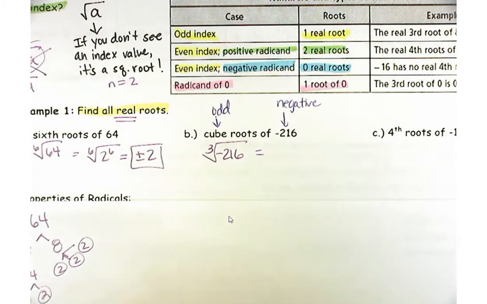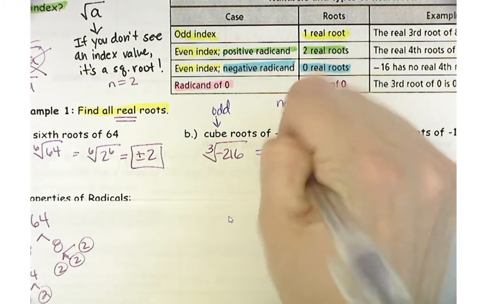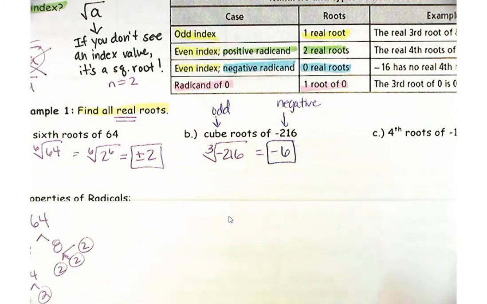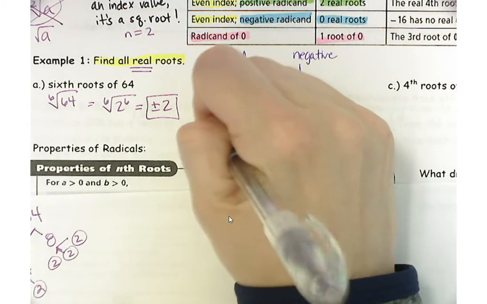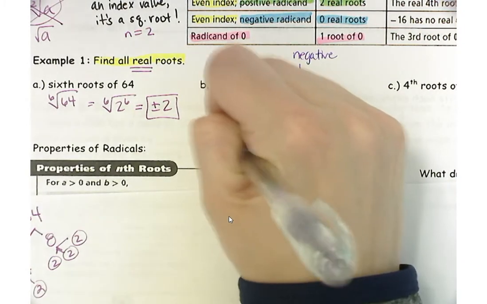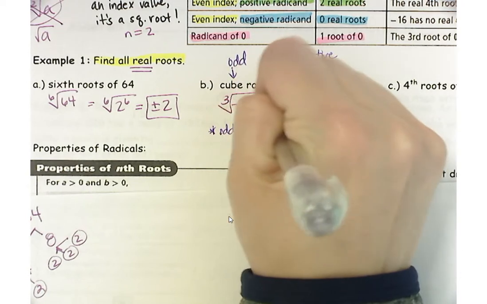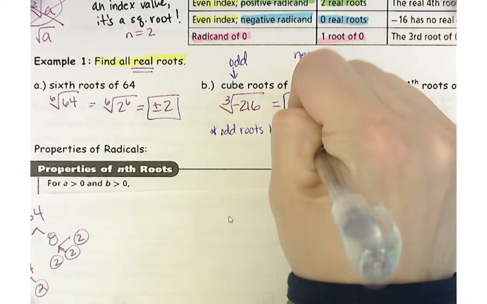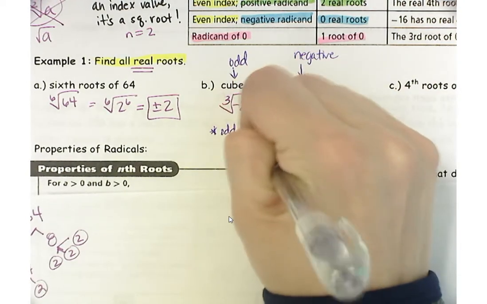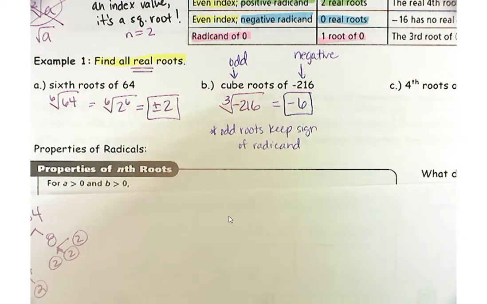Okay, so for this one, we had it even, and this was positive, so we use that rule. For this one, the 4th root is even, and then this is negative. Now, if it's even and negative, what are we always going to say?